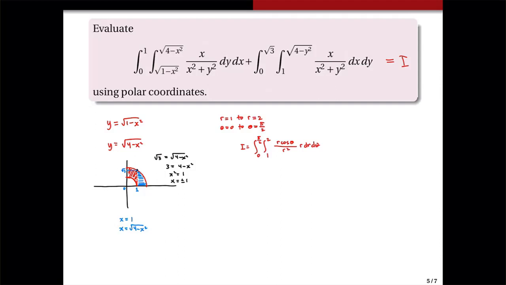And this one is really easy. You will just have the integral from 0 to pi over 2, integral from 1 up to 2. Take note that this will cancel this guy and this guy.